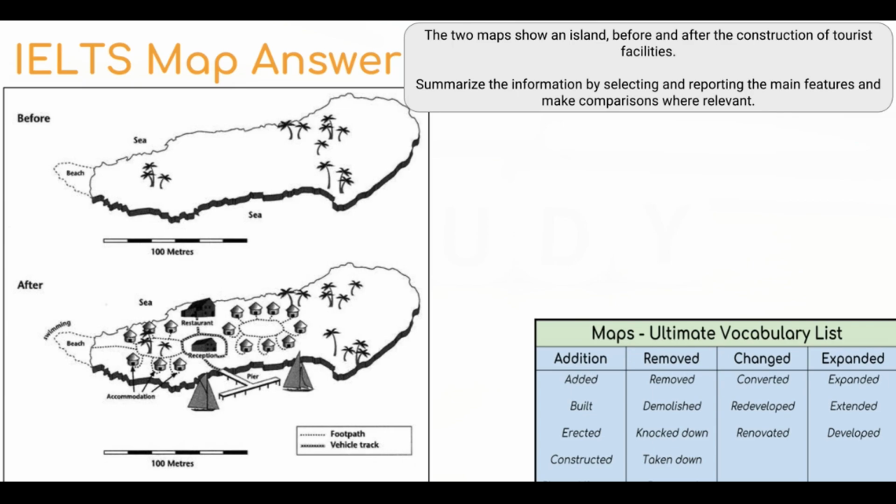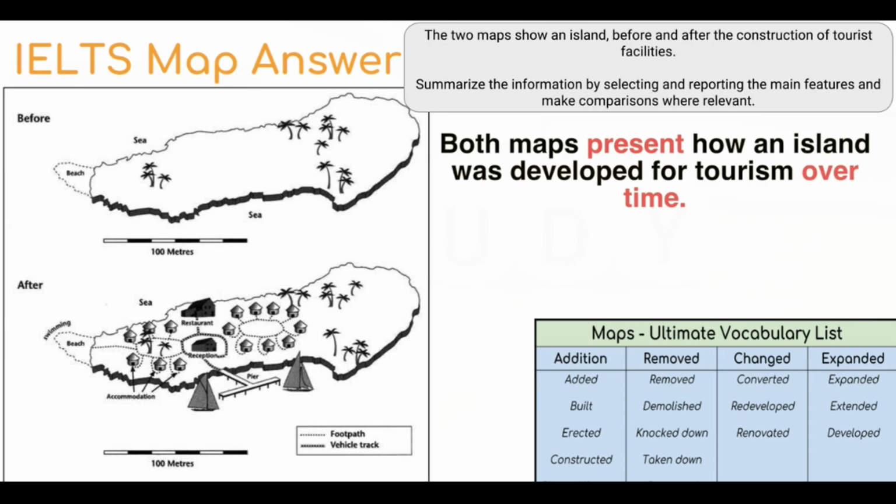The first thing I'll need to do, as with any IELTS Writing Task 1 question, is to paraphrase for my introduction. Both maps present how an island was developed for tourism over time. As you can see, I've highlighted 2 sections of my introduction, the first being present.